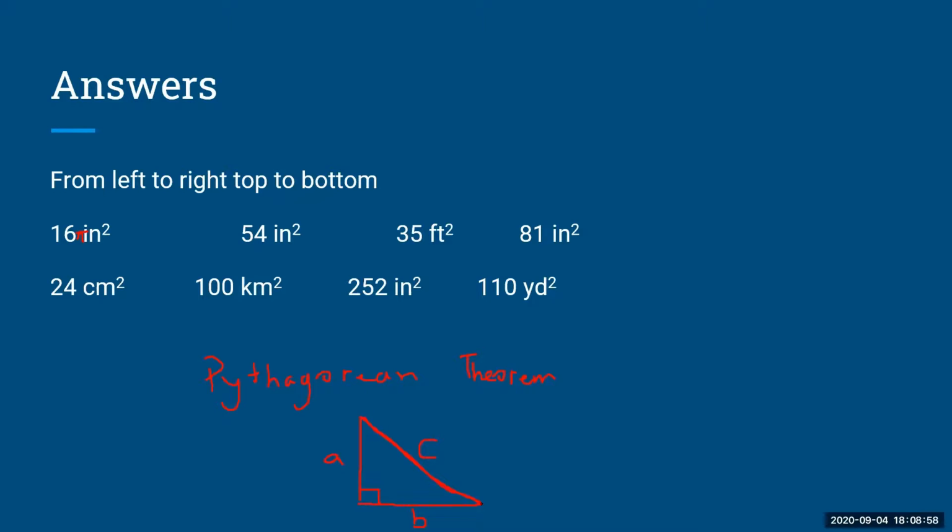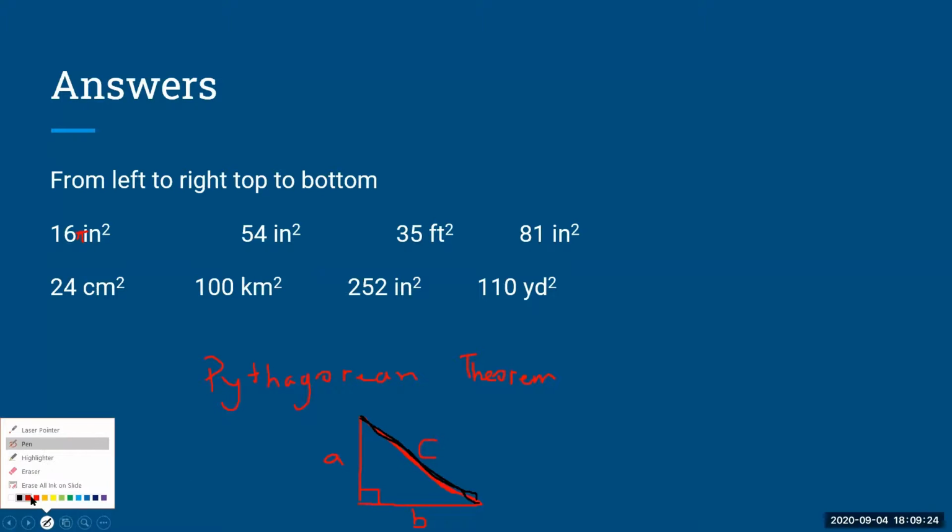In a right triangle, the diagonal side will always be the longest side, okay? If it's not the longest side, then either you don't have a real triangle, or it's not a right triangle, right? This diagonal side is always the longest side in a right triangle.